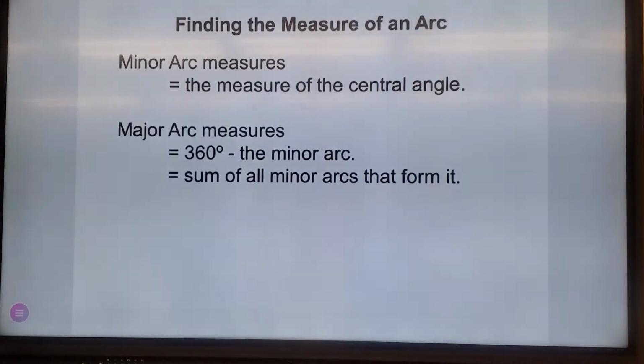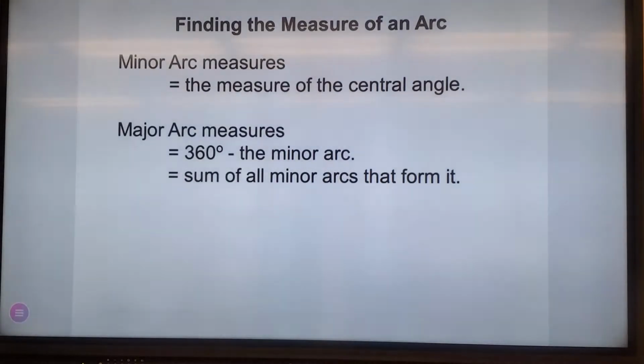Okay, so we have a combination of things here. To find a minor arc, then that minor arc is equal to the measure of the central angle. Okay, and for a major arc, we have 2 options here. Okay, option 1 is to take 360 degrees minus the minor arc.